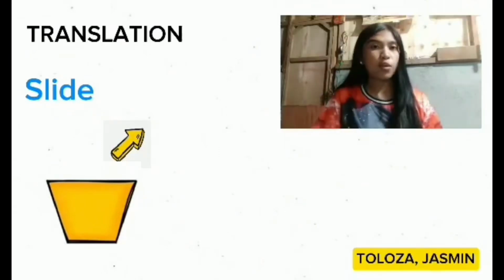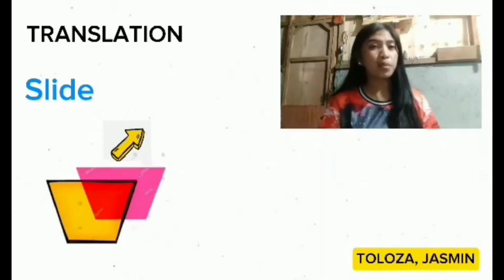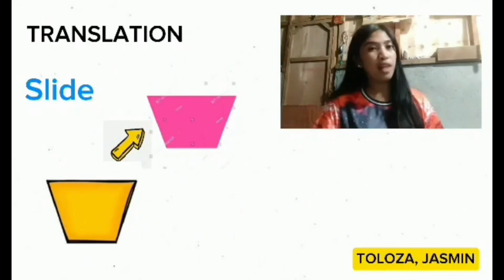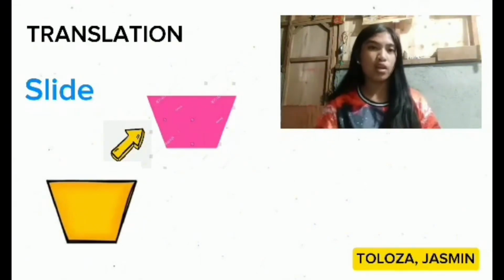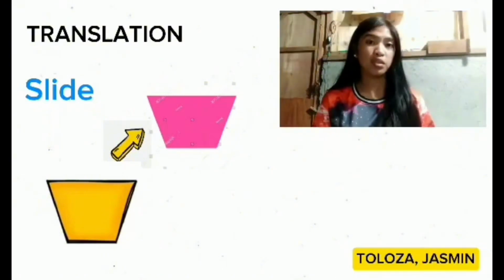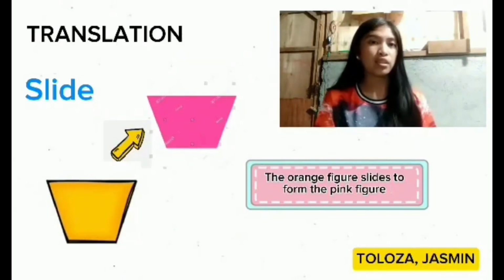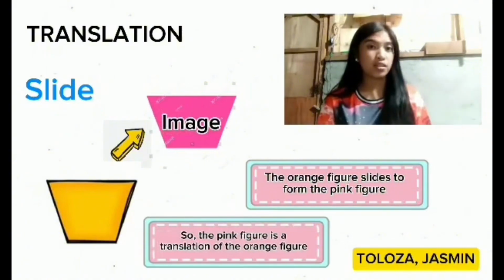If you translate or slide these orange trapezoids 3 units up and 6 units to the right, the new pink trapezoids will be 3 units up and 6 units to the right of the original orange trapezoids. In this rigid motion transformation, the orange figure slides to form the pink one, and the translated one is called the image. So the pink trapezoid is a translation of the orange one.